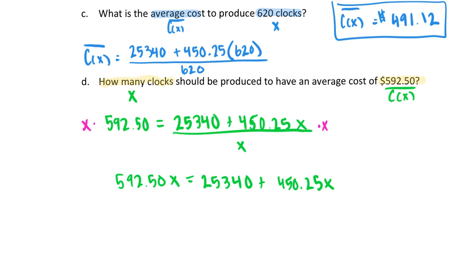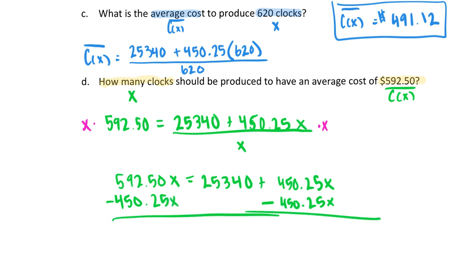Then I'm going to subtract the 450.25x over. If I have 50 cents and I take away a quarter, I have 25. And then I have 142.25x equals 25,340.